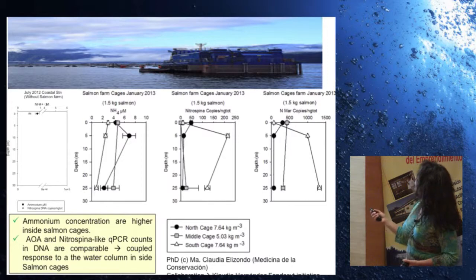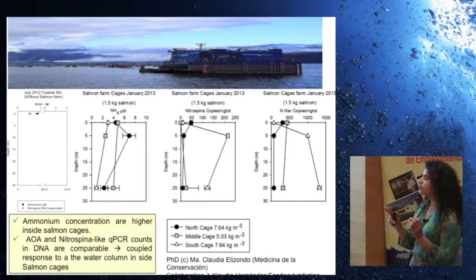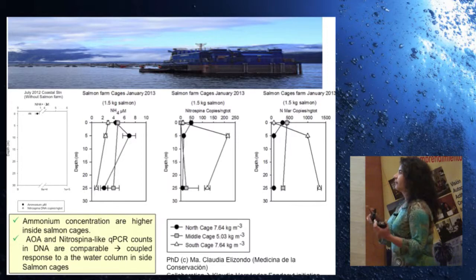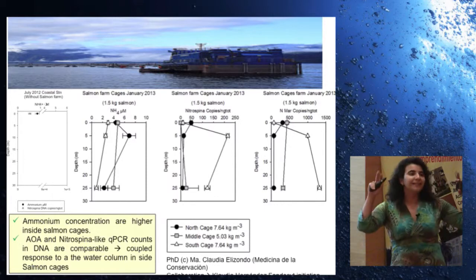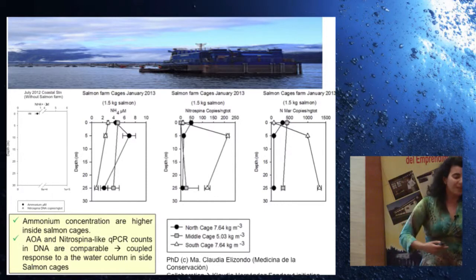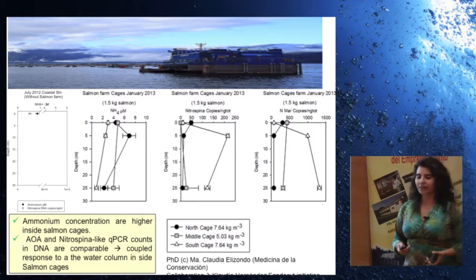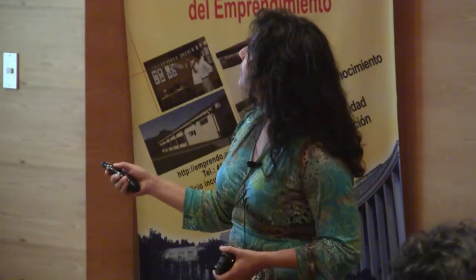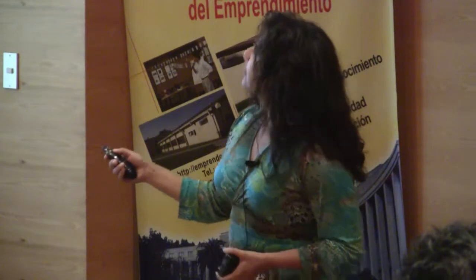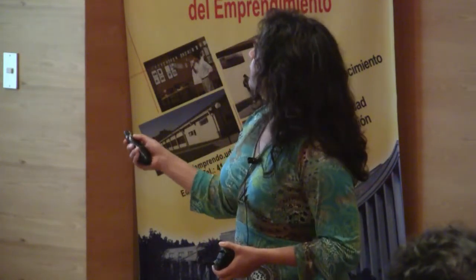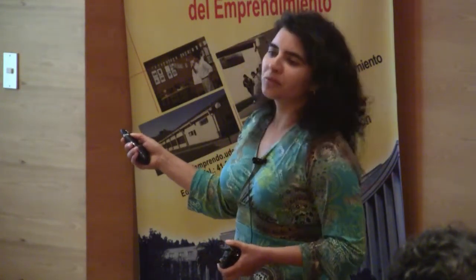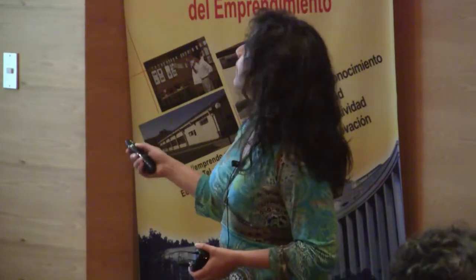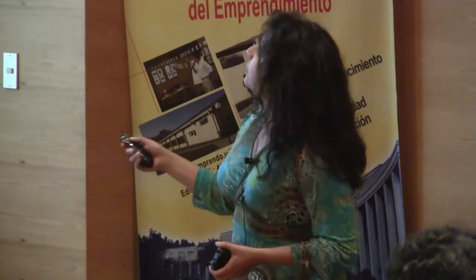And then what happened with the community? Here we take these sentinel communities which contribute a lot to nitrification, and you can see there is a good match between Nitrosopumilus maritimus, the ammonium oxidizing archaea, and the nitrite oxidizing bacteria.